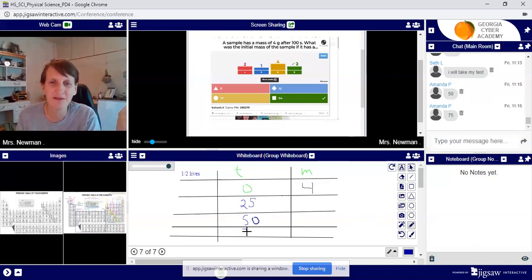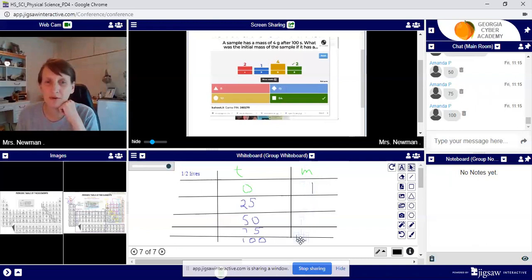Right, 75. And then the next one? Yeah, 100 at the bottom. Perfect. That was our target amount, and that is where we're going to put the 4. So I'm going to move the 4 down there.